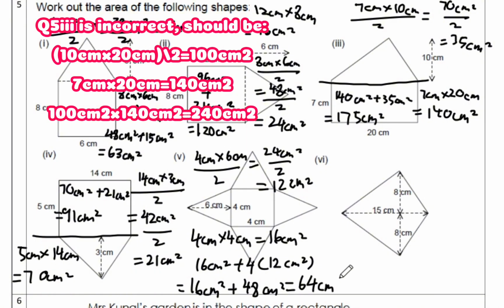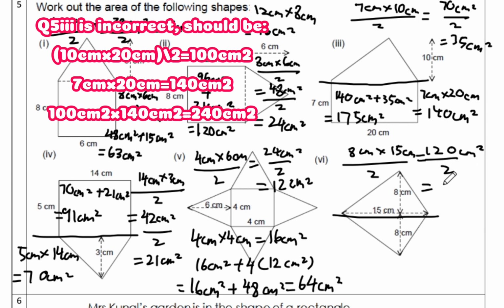64 cm square. Now for the last shape, it's 2 triangles. We can split it like this, or if you want, you can also split it like this. It is up to you, but for me, I would split it like this. So we can just take 8 cm multiply with 15 cm over 2, which we would get 120 cm square over 2, which is 60 cm square.